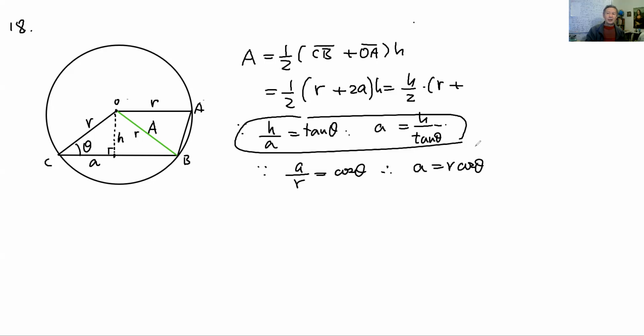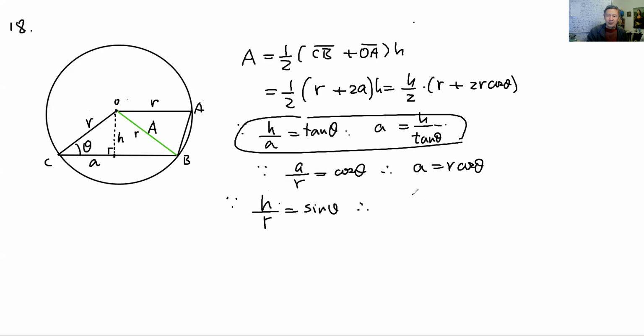Now, use this information with regard to 2R cosine theta. What is H? H equals A tan theta. How about H over R equal to what? H over R is sine theta.